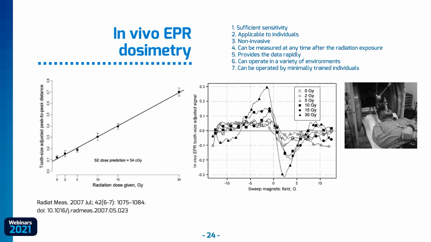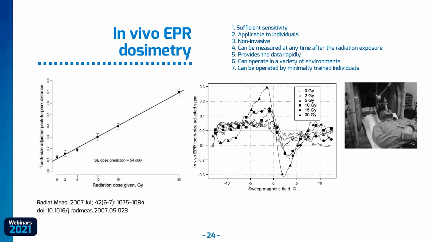In vivo EPR measurement of the radiation induced change in the enamel of teeth is a method useful for classification of individuals into categories for treatment with sufficient accuracy to facilitate decisions on medical treatment.